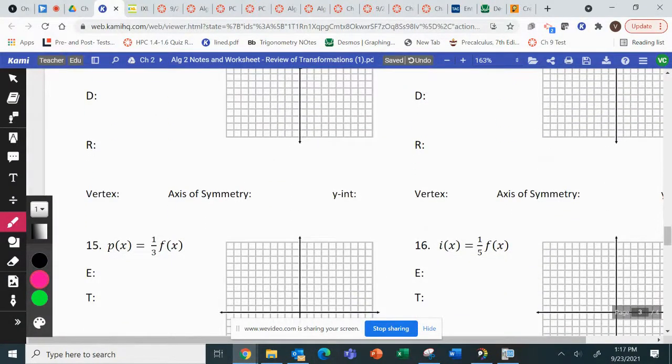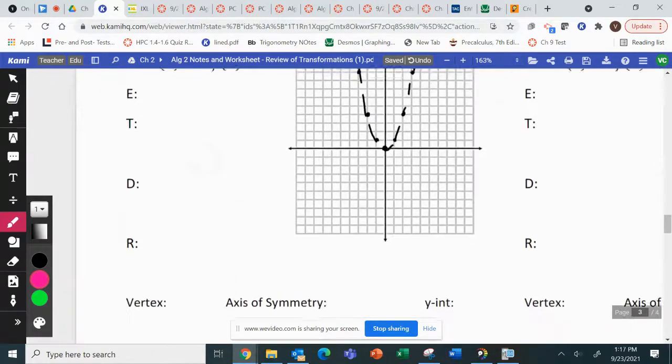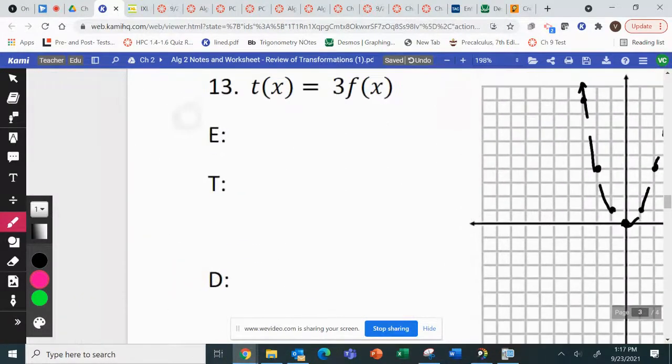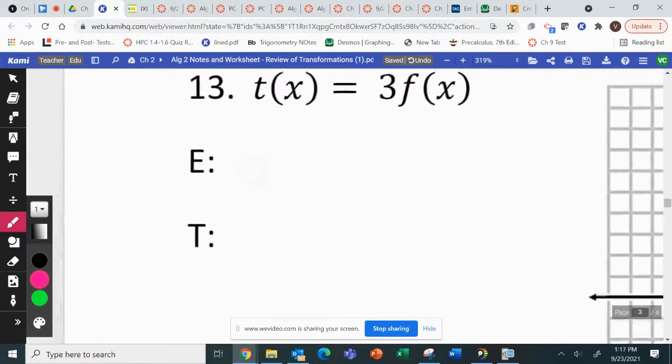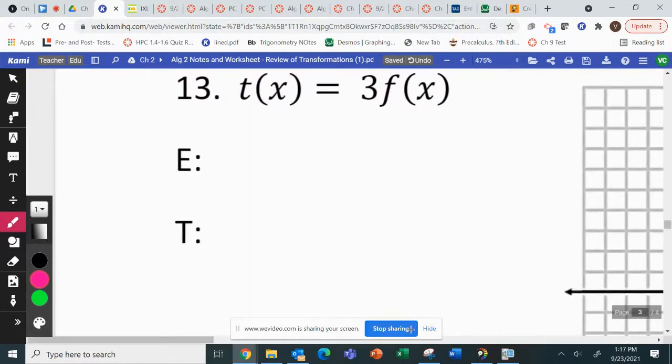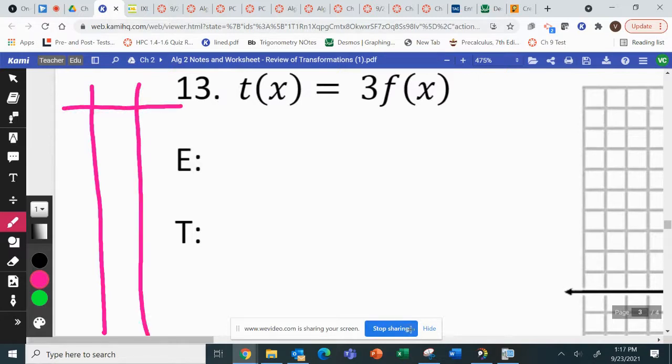How much time do I have? Are we till 20? Yeah, we don't have much time. With these multiplication ones, I highly recommend, and I have number 13 done on my notes, which I've already posted on your module. I have number 13 done. I used a table for all the ones that I had to multiply by a number that wasn't a negative.